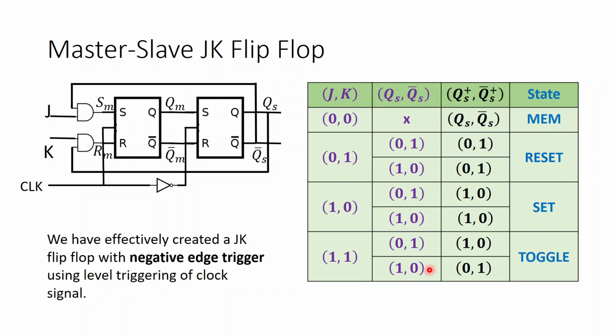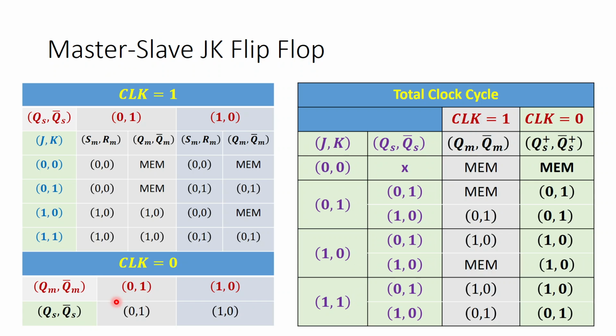We effectively created a JK flip-flop with negative edge trigger using level triggering of the clock signal. Maybe you have missed this, but just note, when does the output change? Try to understand this.